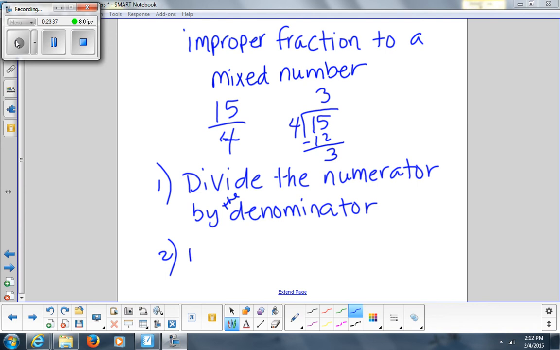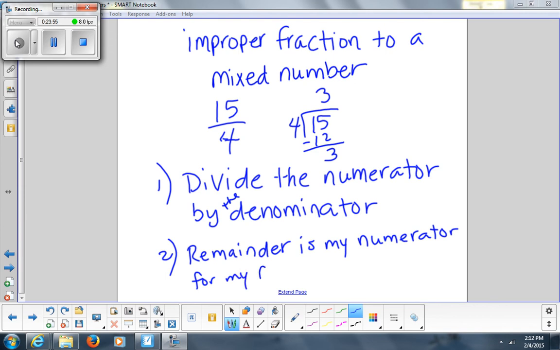Okay, my remainder is my numerator for my fraction. So then what would my answer be?